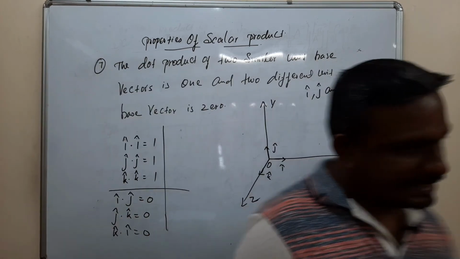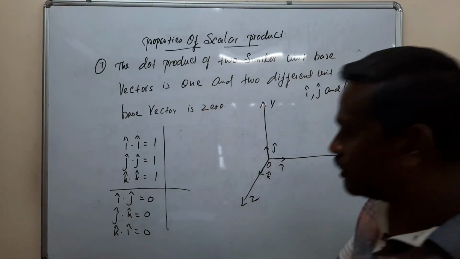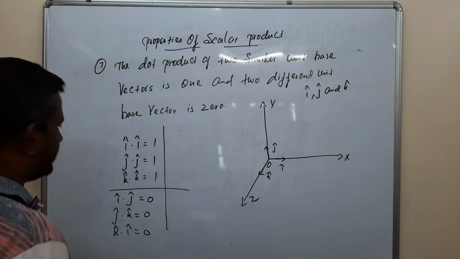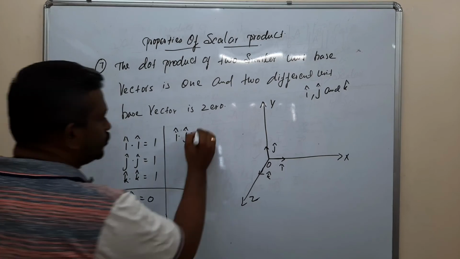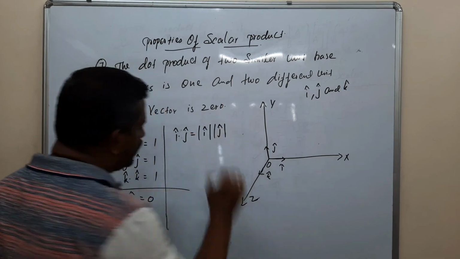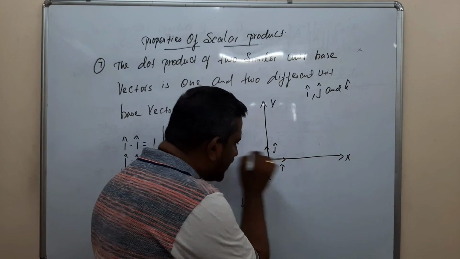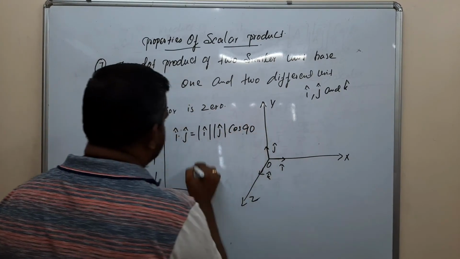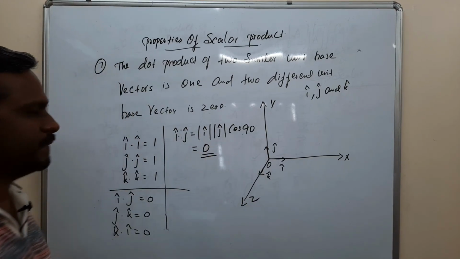If the unit vectors are different, i dot j, j dot k, k dot i are equal to 0. How? i cap dot j cap is equal to modulus of i cap, modulus of j cap, into cos of the angle between i and j. What is the angle? 90 degrees. So cos 90, and cos 90 is 0. So that is equal to 0.